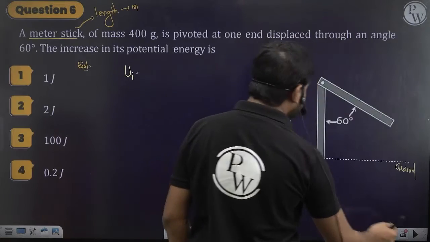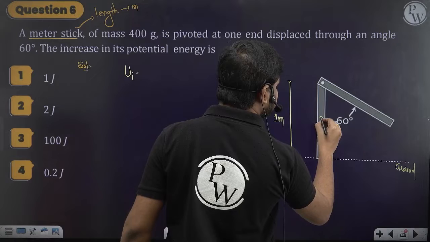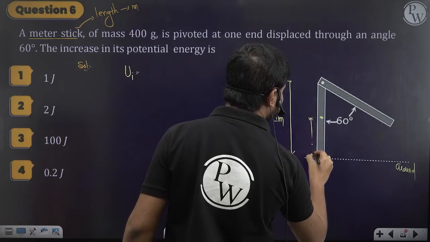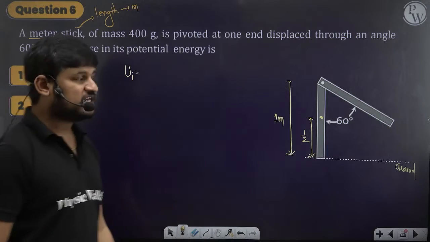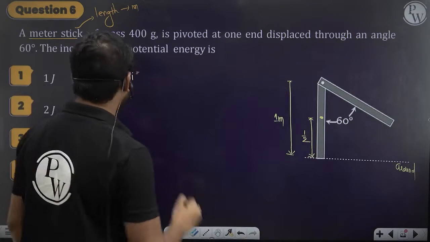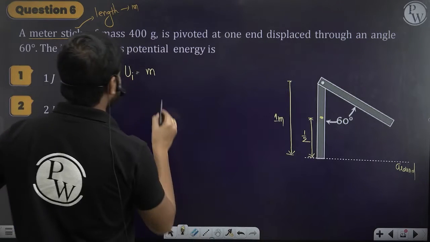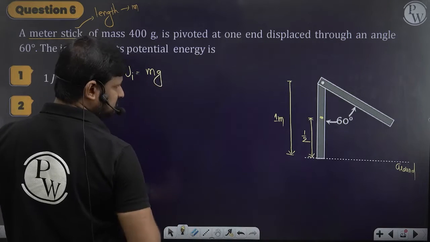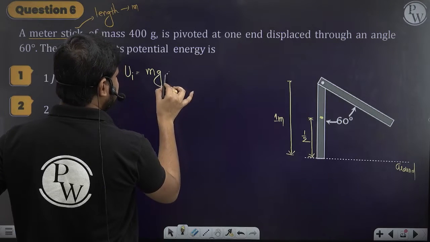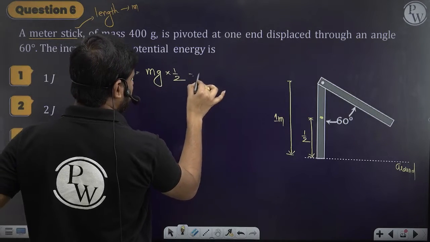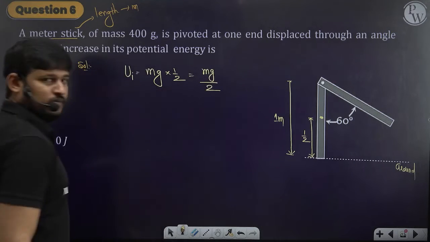In this particular case, its center of mass lies at a distance of h by 2, which is half a meter. So the initial potential energy is m into g into 1 by 2, therefore the initial potential energy is mg by 2.